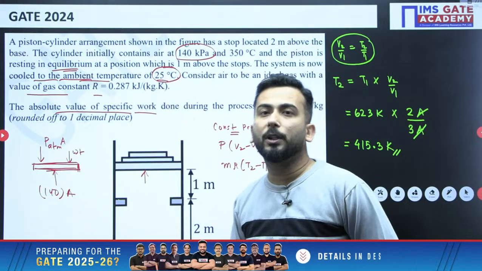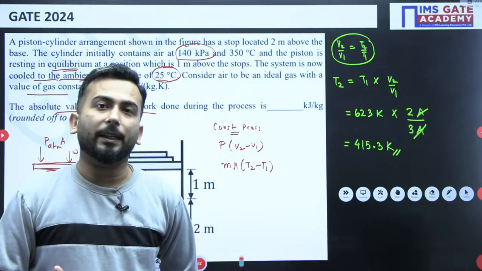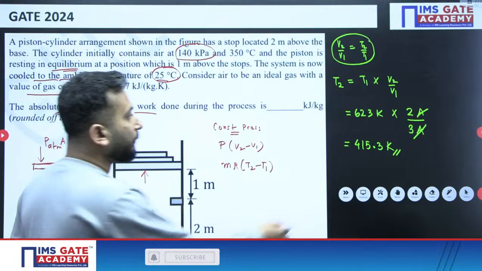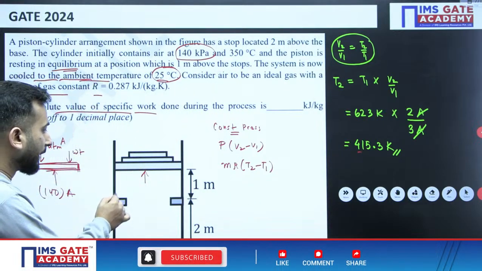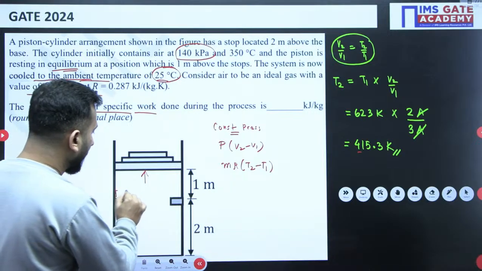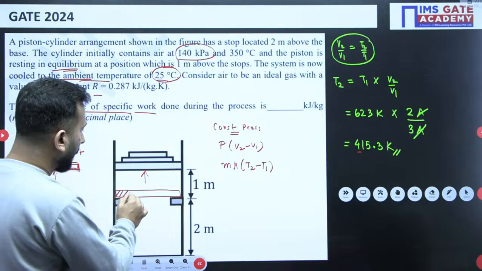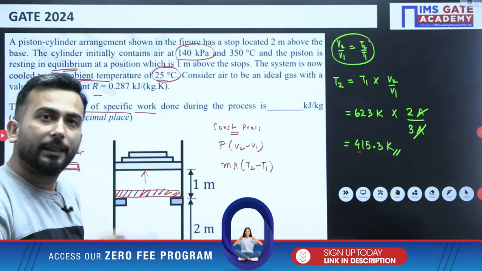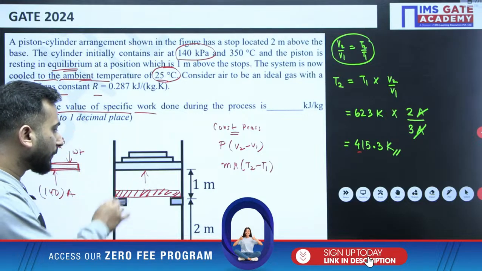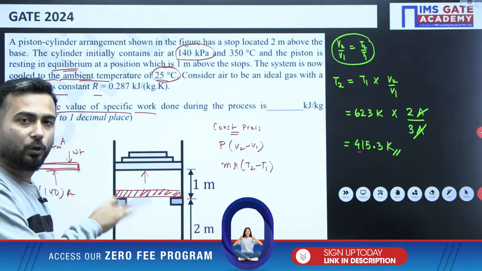But he is saying that the gas needs to be cooled down to 25 degrees centigrade, which is 298 Kelvin. So right now we are at 415 Kelvin, and once the piston comes over here, it is still further cooled. That means at this place, piston is not going down because the stop is there.